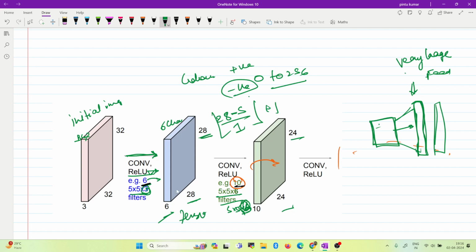For example, from here to here, it was 32 cross 32 cross 3. From there we reached 28 cross 28 cross 6 after one convolution. Again it is 24 cross 24 cross 10. So we are increasing the number of neurons, although the calculation is not increasing.